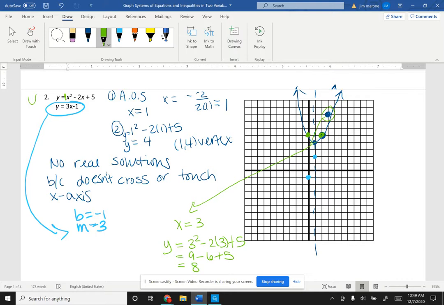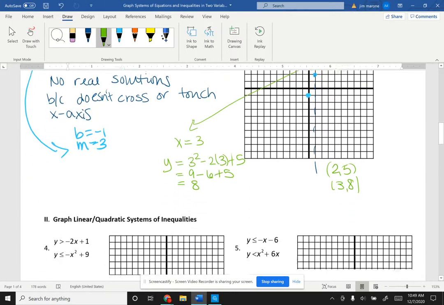And that is the point 3, 8. So our two solutions are this point here, which is 2, 5, and then 3, 8. And that looks like a mess.